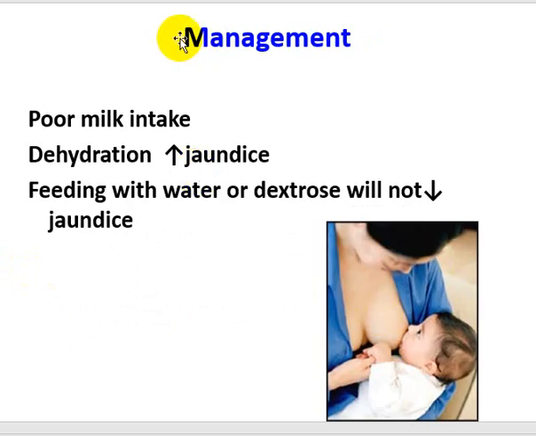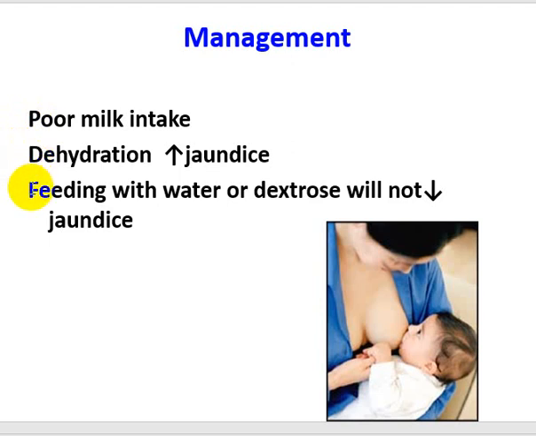In the management of neonatal jaundice, we need to concentrate on the points that may increase the jaundice, like poor milk intake. We encourage breast milk regularly, frequently, on demand, and encourage feeding from the breast at night. Dehydration is associated with increased jaundice.